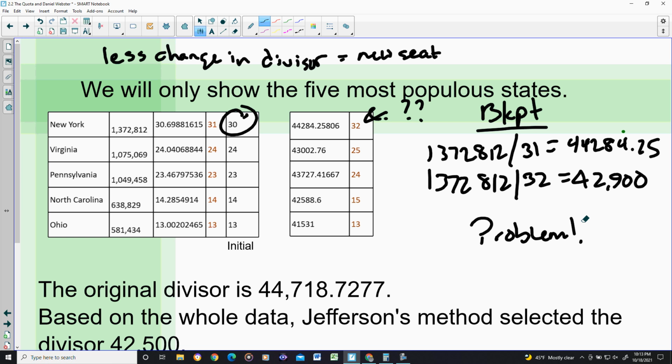Could they perhaps just make a rule that says that they can only get one extra seat? I suppose you could make that rule, but that's not part of Jefferson's method. And Congress would actually have to vote on that. And it was a pretty bitter division at this point.